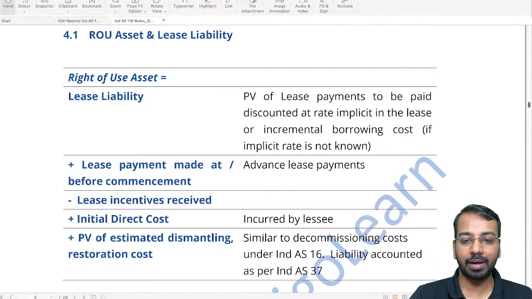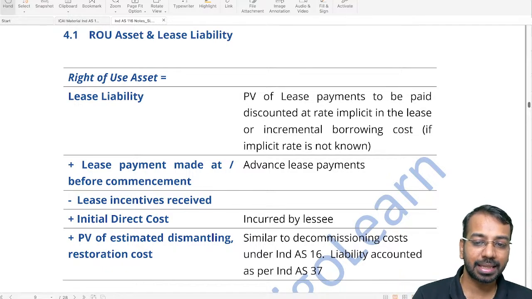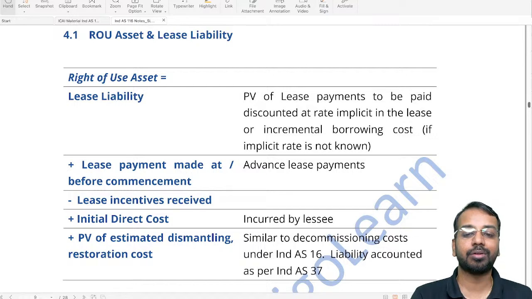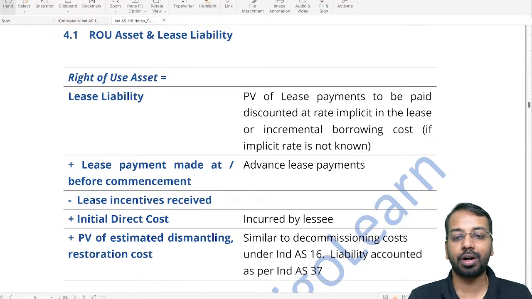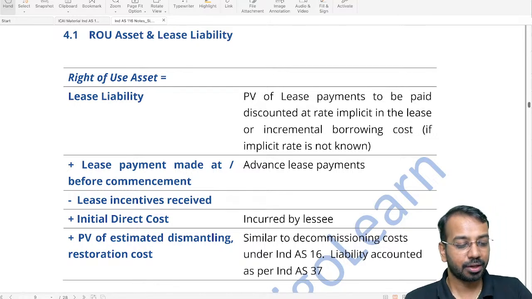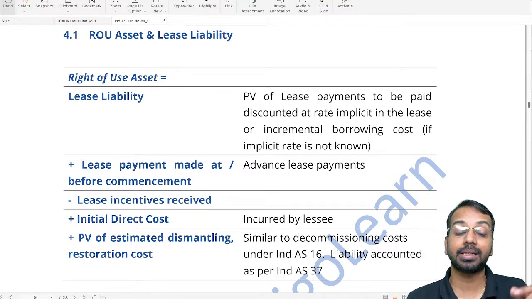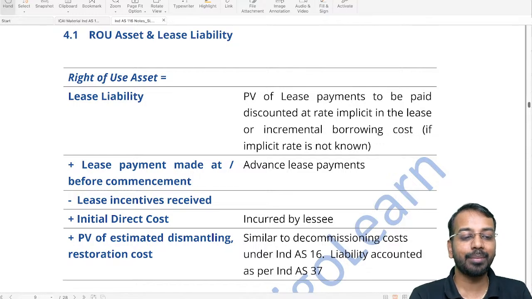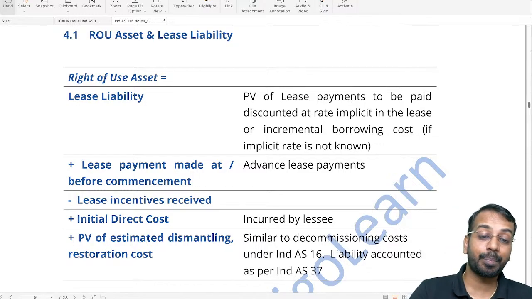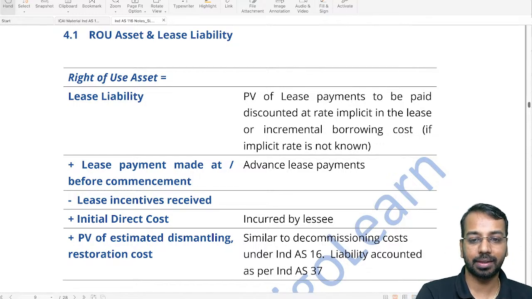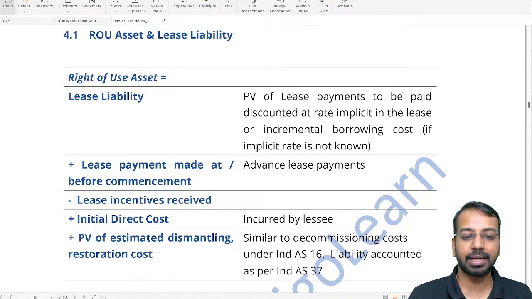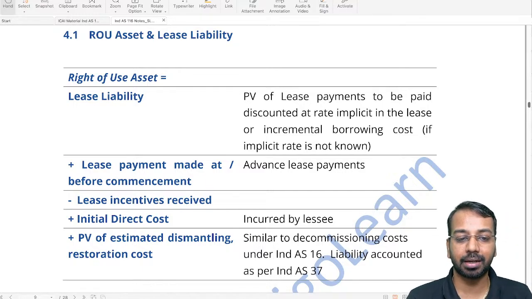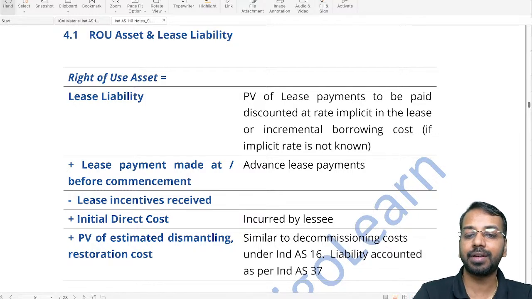The economic benefits I generate from the asset, and then I am subsequently paying a portion of that to the lessor. It depends on the contract how much it is. If I pay, let us say, 50% of the economic benefits, that still is okay till the time I am getting all the benefits. Now one more thing you need to understand is that these kind of arrangements will have a balance between fixed and variable payment.